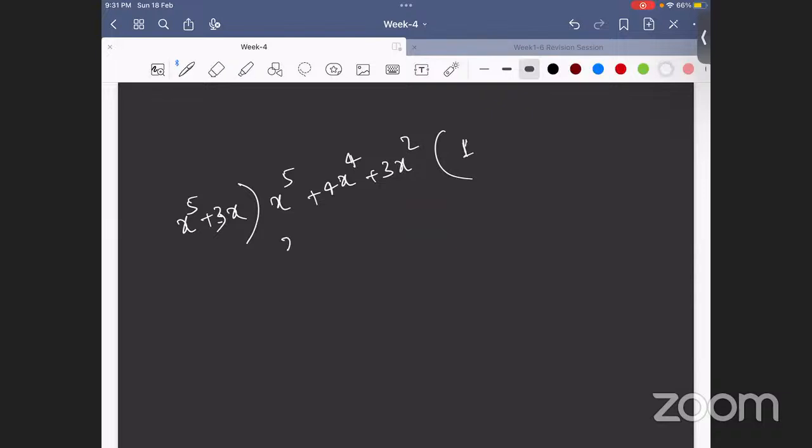If I multiply by 1, x to the power 5 plus 3x, I get this, so this got cancelled. Now I am left with 4x4 plus 3x square.